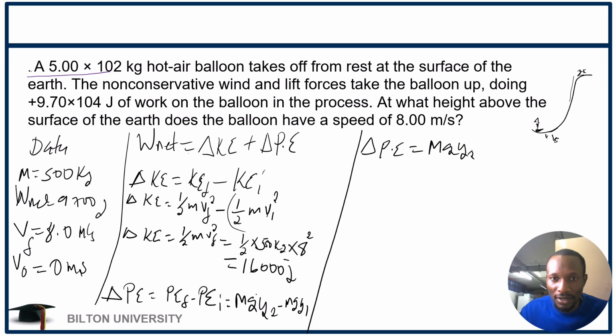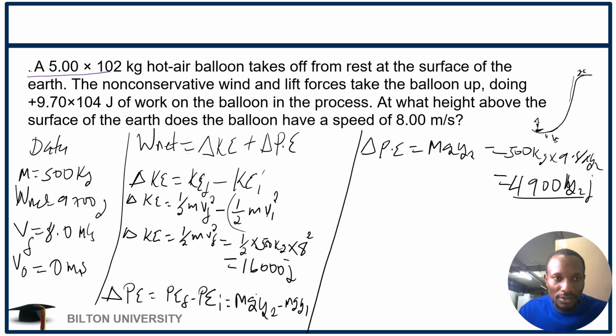The mass is 500 kilograms times 9.8 times y2, and 500 times 9.8 gives us 4,900 y2 joules. So this is the change in potential energy.